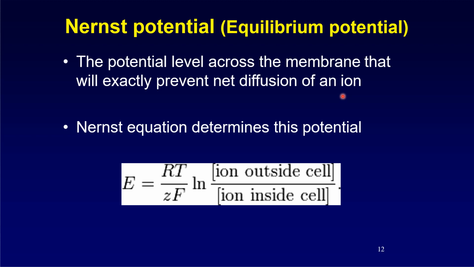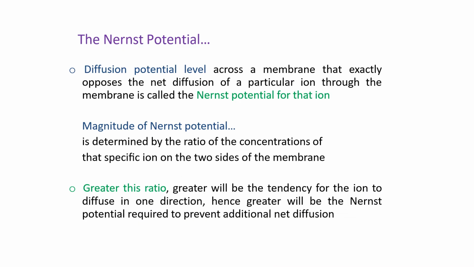The equilibrium potential for some important ions in a mammalian spinal motor neuron is plus 60 for sodium, and minus 90 and minus 70 for potassium and chloride. Again, the diffusion potential level across a membrane that exactly opposes the net diffusion of a particular ion through the membrane is the Nernst potential for that ion.